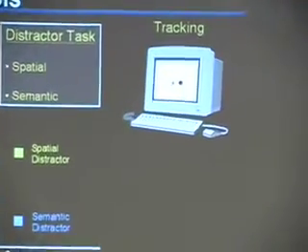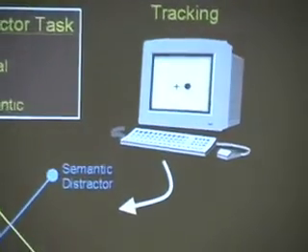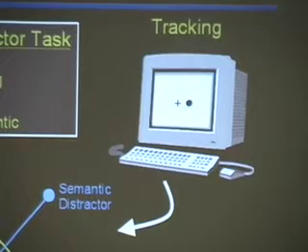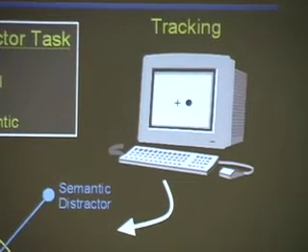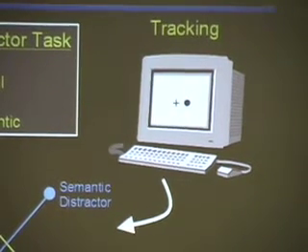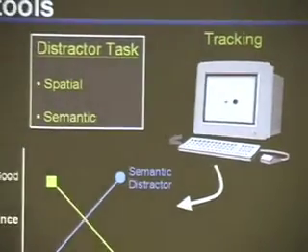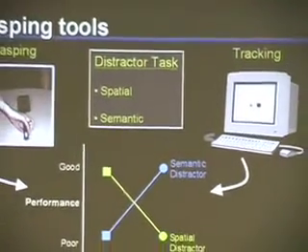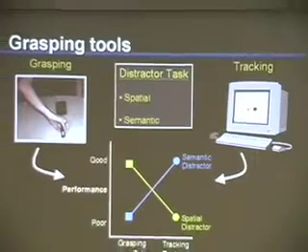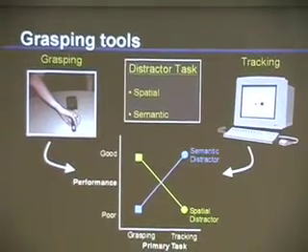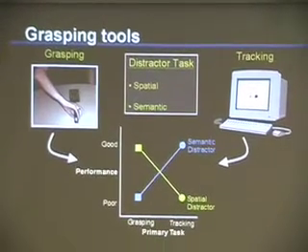And we found the reverse effects. Now when the subject was performing the semantic distractor at the same time as the tracking, they showed still very good performance, no different than the control tracking baseline. But when they did the spatial distractor, this very much interfered with the tracking task.